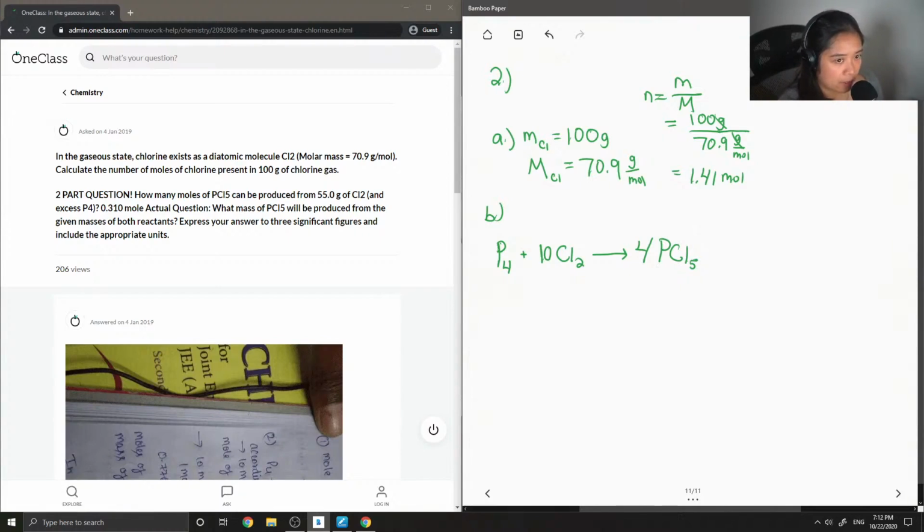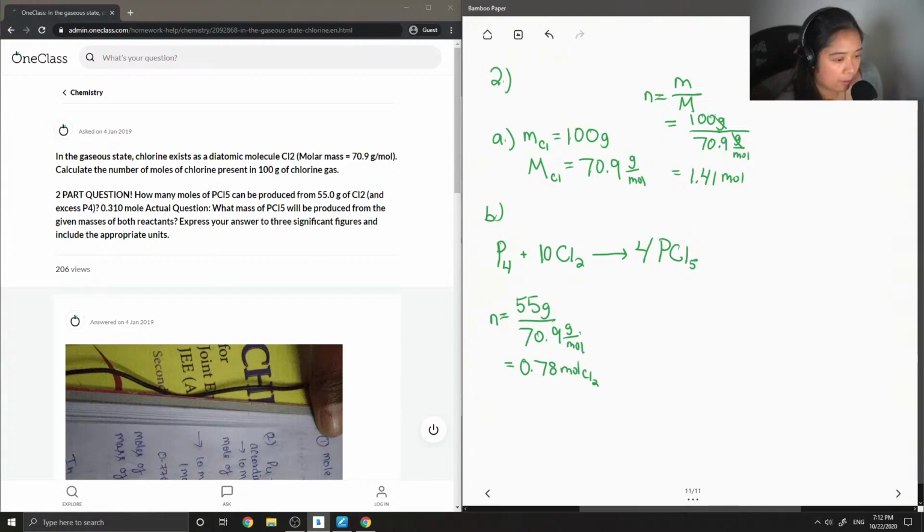So just by using the same equation as up there, the number of moles is equal to mass, which is 55, over molar mass, which is 70.9 grams per mole. Okay, so then if I calculate the number of moles of this, you get 0.78 moles of Cl2.